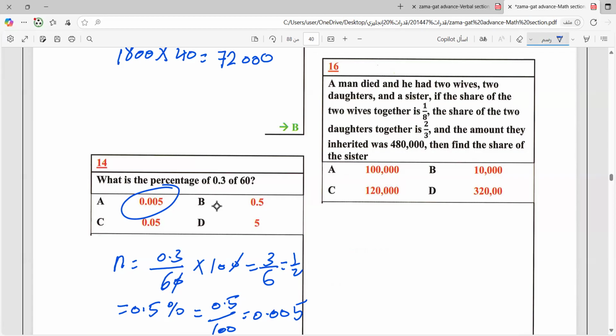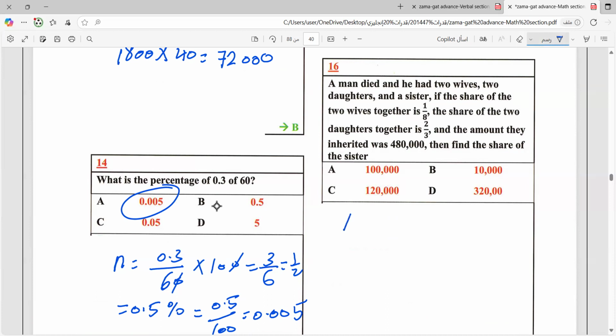Correct. This is the first way. We have another method. We find the fractions and add them first, then subtract: 1 minus the sum of 1/8 plus 2/3.